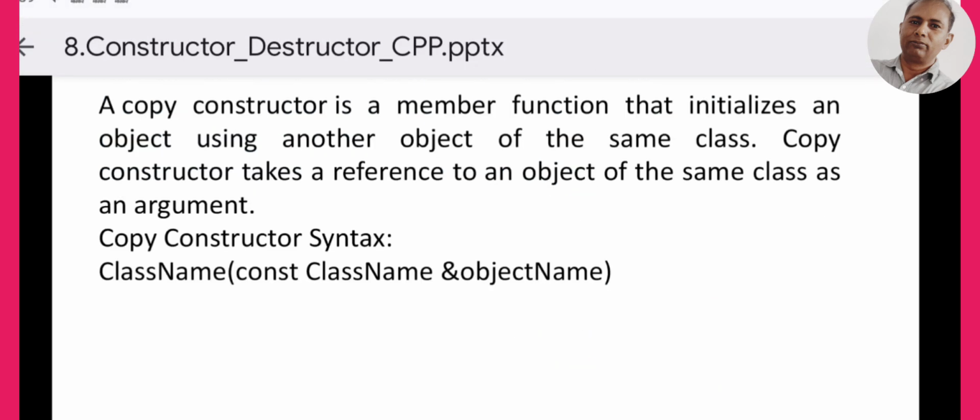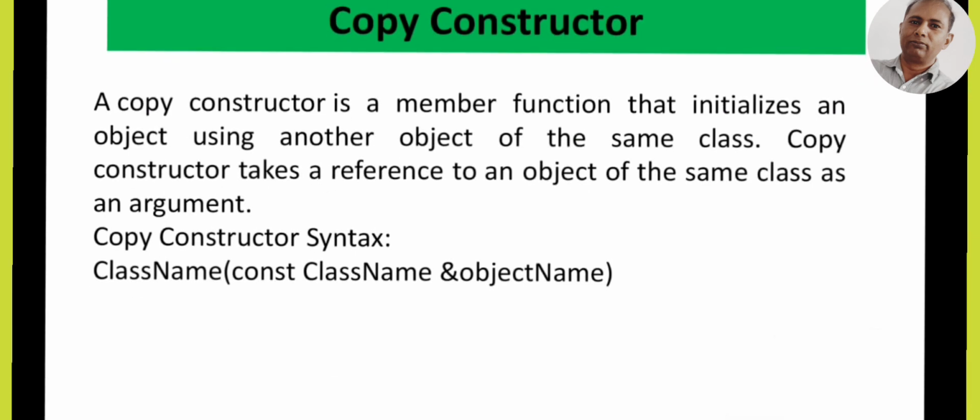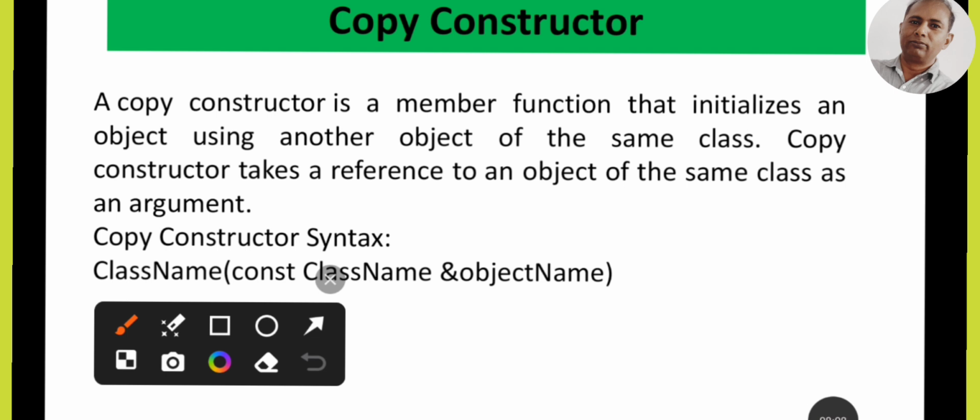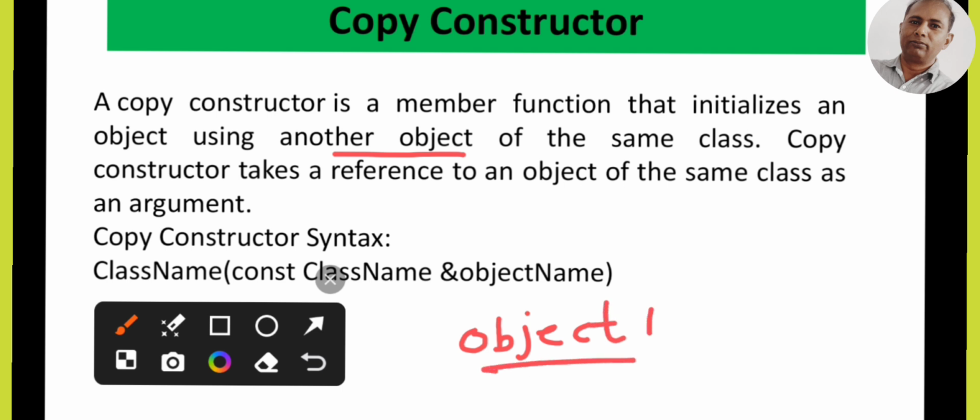Now copy constructor. Copy constructor is a member function that initializes an object using another object. So for copying, we should have one previously generated object. For example, then we can make the constructor for object 2. Copy constructor takes the reference of the previous object of the same class.